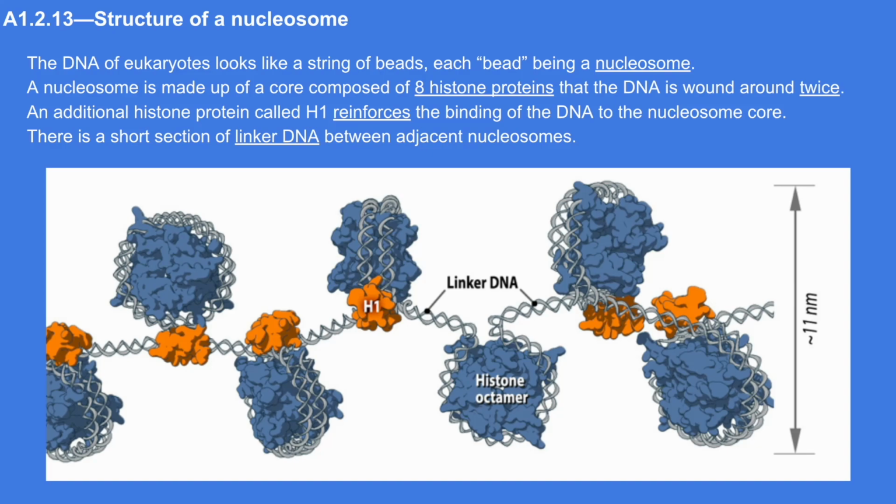And one of the ways that that is possible is that it gets packed up really tightly around proteins. You're going to see this beads on a string model, which this gray represents DNA, which is wrapped twice around an octet, so 8 histone proteins, and then it gets sealed with a single histone protein called the H1 protein.